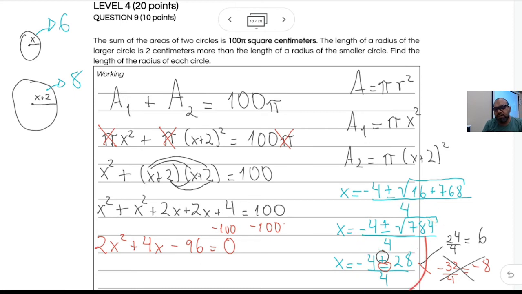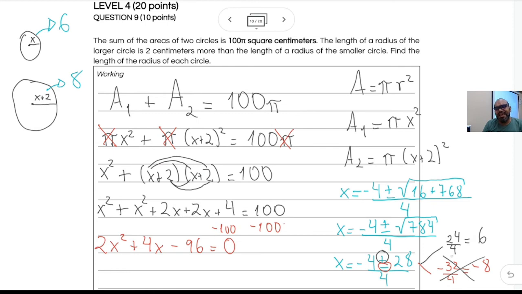You can pause this video to see how to solve this one, understand the pattern, remember the formula, b squared minus 4ac inside here. And after, I have two results, positive 28 and negative 28. Solving for those cases, the first one is 24 divided by 4, which equals 6. The second one is negative 32 divided by 4, which is negative 8.